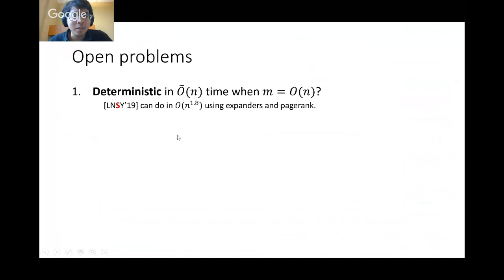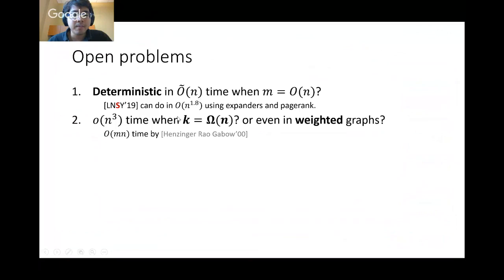Recently we actually can break n² time down, not to linear yet, but to n to the 1.8, using some completely different technique. But local algorithm is needed, and we need many more other ingredients. But I think it is very challenging how to do it in linear time deterministically.